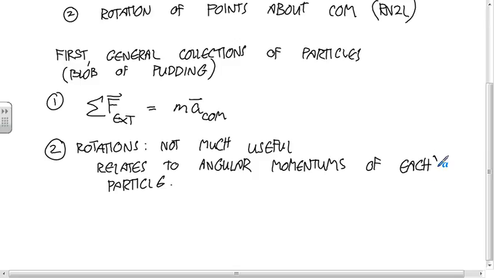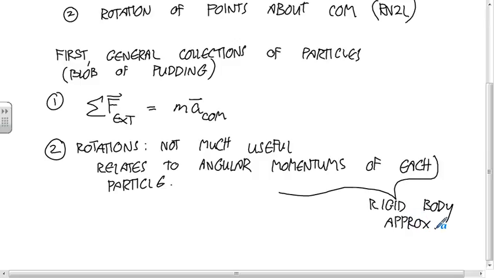Okay, so this leads to the rigid body approximation. Obviously, not everything can be approximated well as a rigid body, but a lot of things can, especially engineering materials.